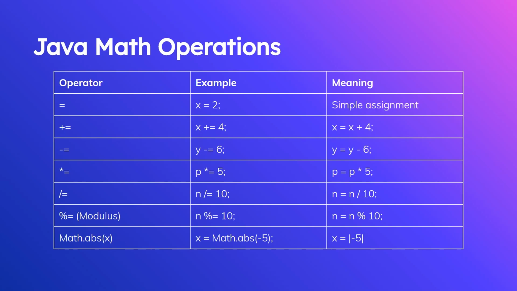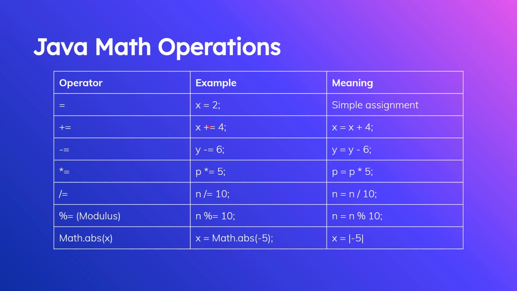Okay. Math operators are essentially, for the most part, just the normal operators that you see in math: your plus, minus, divide, and multiply. So this single equal sign is the assignment operator. And in this example here, you're saying that x is 2. For the plus equal operator, all it's saying is x is equal to x plus 4.